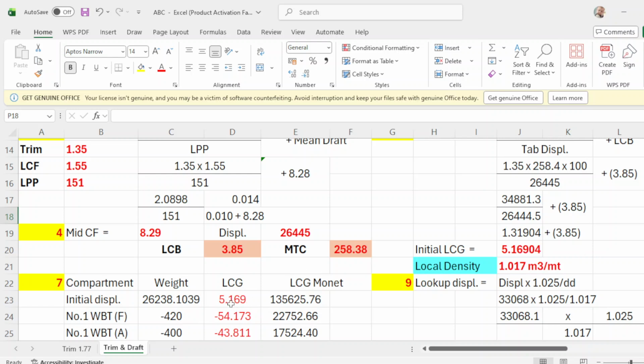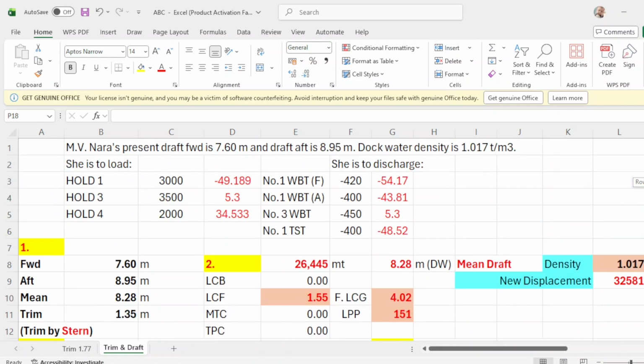Okay, then you put all the weights, ballast here, put all the weights and your LCG here, because you're discharging ballast, that's why it's negative.